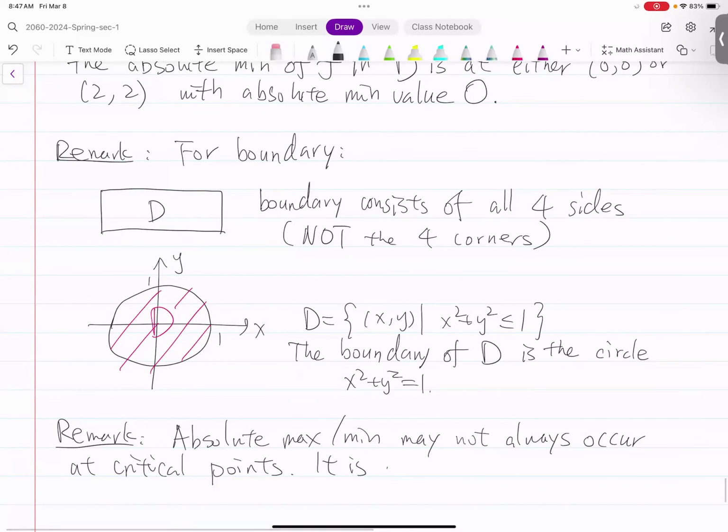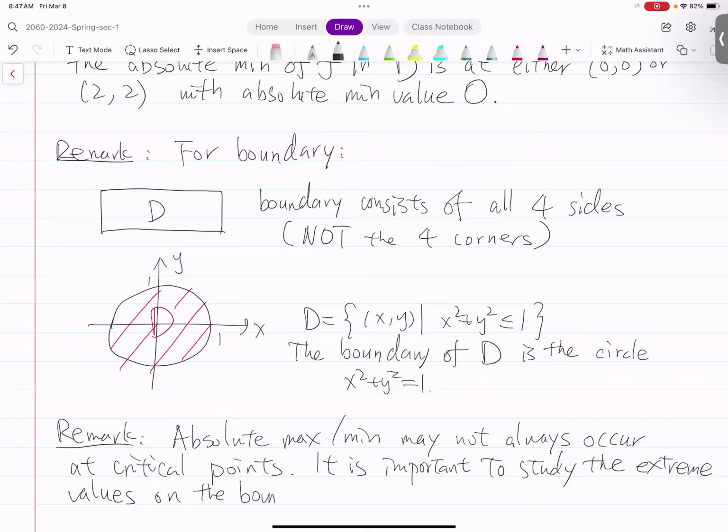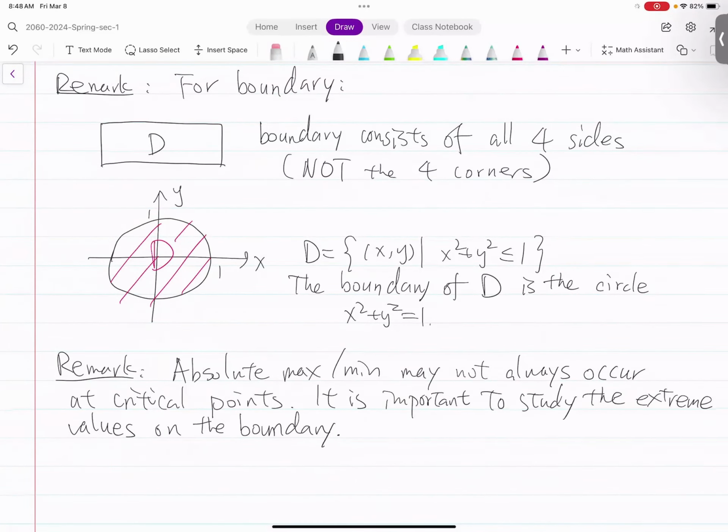It is important to study these extreme values on the boundary. Alright, so this is the concluding remark of this section. Okay.